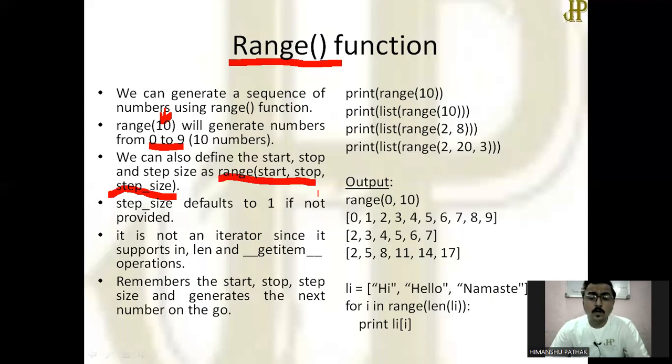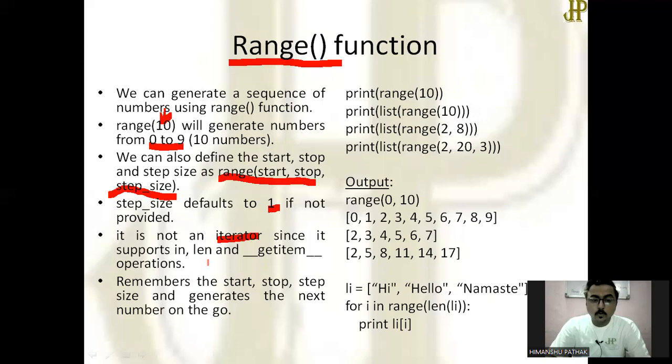If you don't want to start with 0, then you have to give a starting value. And if you don't want to move in steps of 1, then you have to give a step size. Otherwise, the default value is 1. Clear?